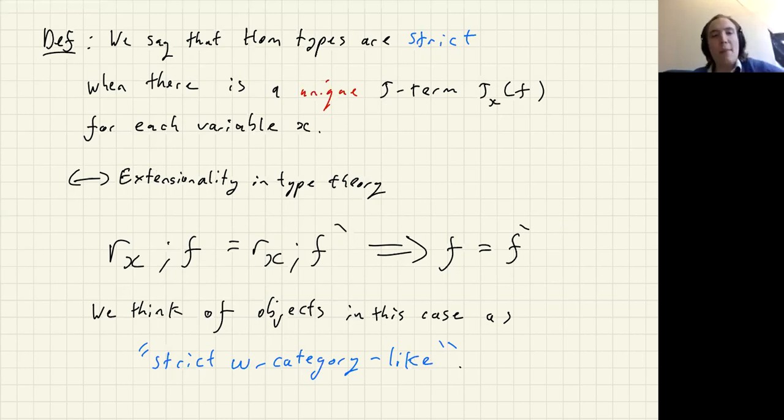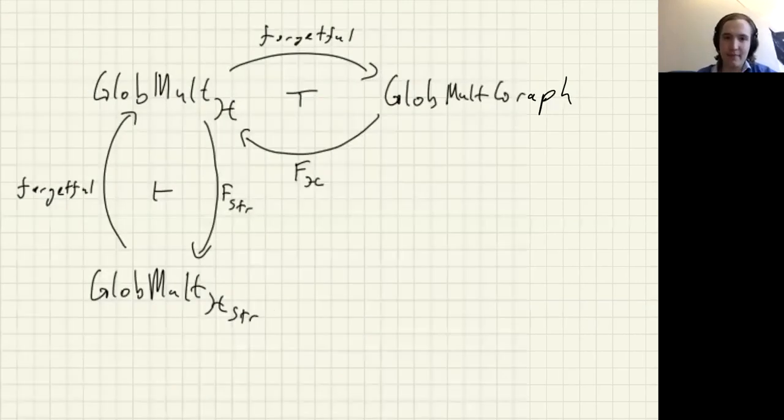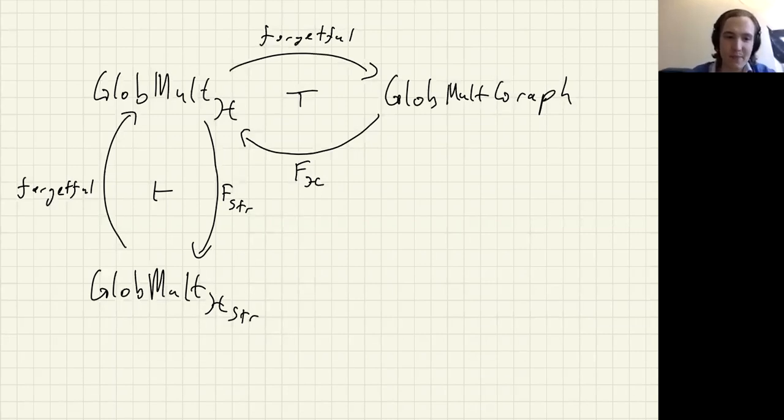And in general, what happens when we have strict homomorphism types is that the objects of our globular multicategories will now behave like strict omega categories. So they're strict omega category-like, as opposed to just omega category-like. So we have another adjunction by abstract nonsense.